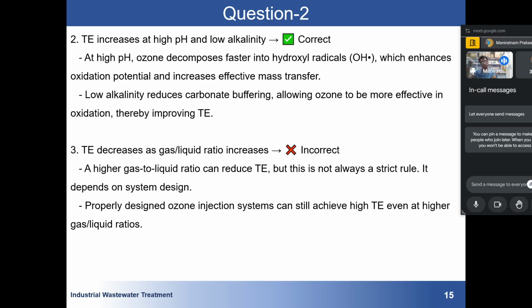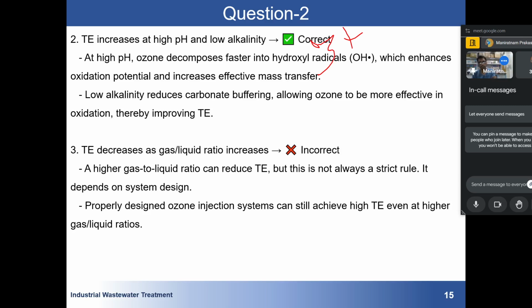If you remember last week's reaction, we saw how ozone, O3, reacts with H2O and other matters such as H2O2 or OH minus, and it produces OH radicals. So a better reaction happens and transfer efficiency will increase by enhancing the oxidation.